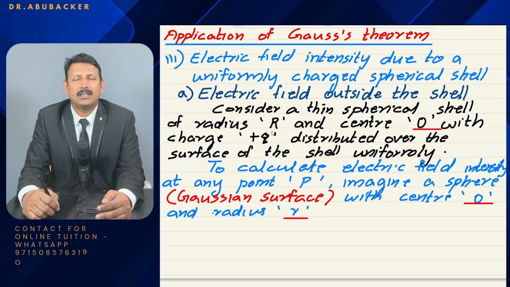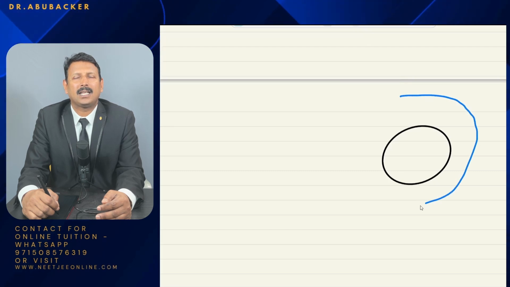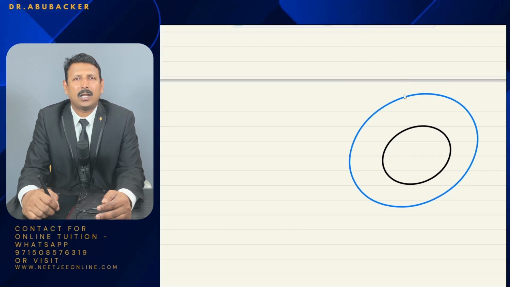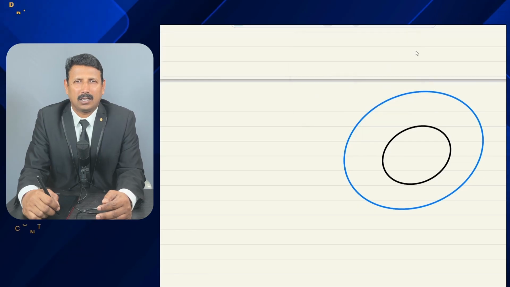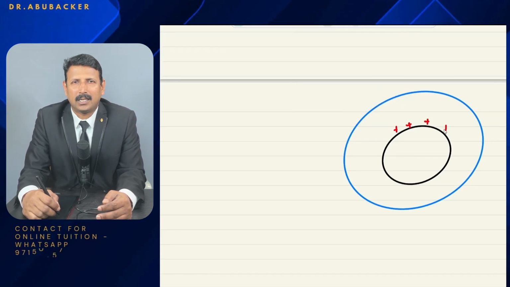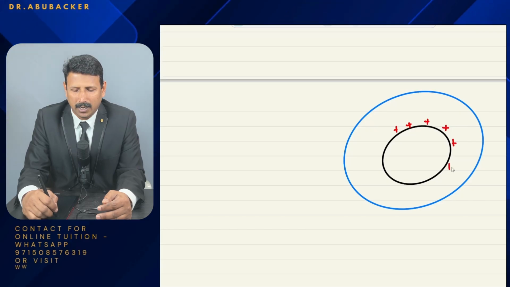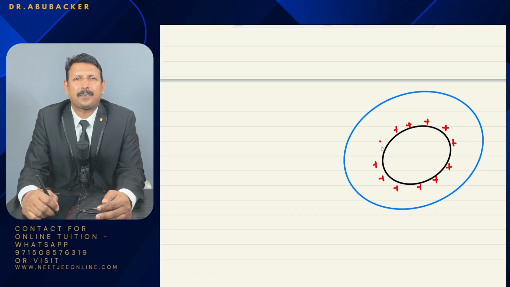Imagine a sphere, such an imagination is known as a Gaussian surface. Imagine a sphere of radius small r, as shown in this diagram. I am going to make this diagram now clearly. It is not 100% spherical, but you make it in spherical form, while I am doing this on the digital pad.